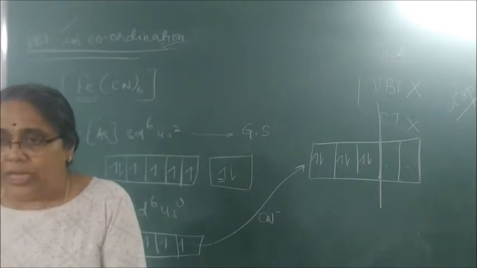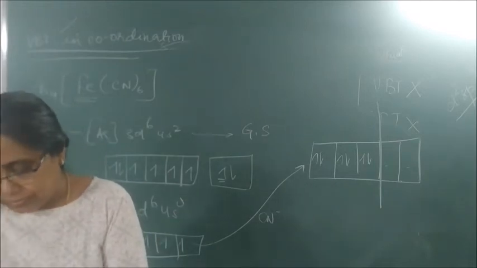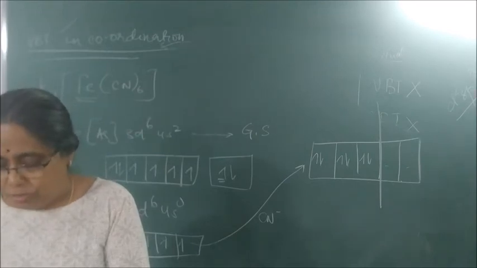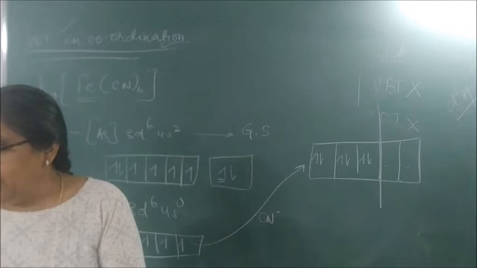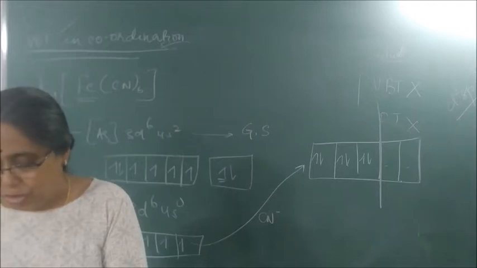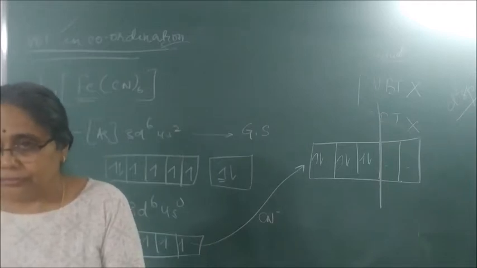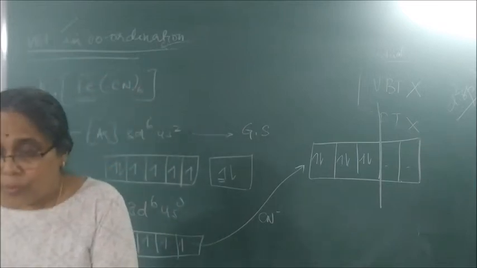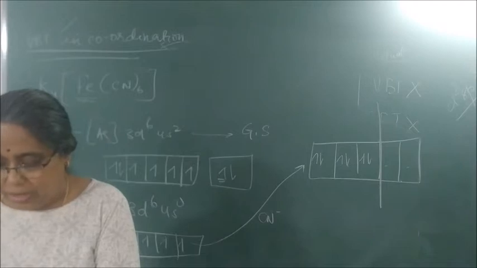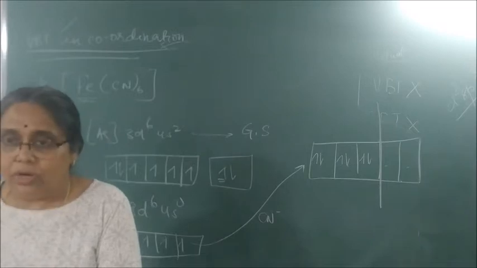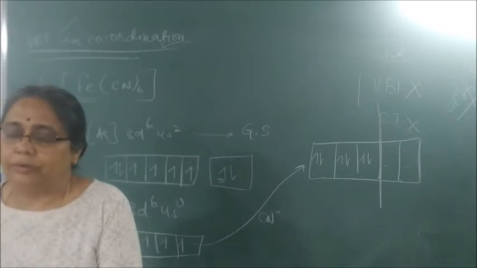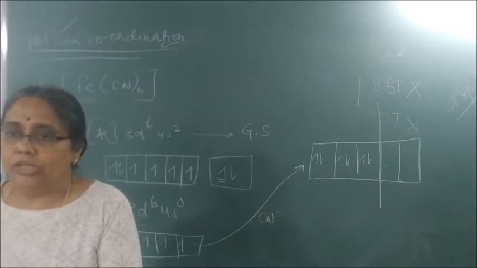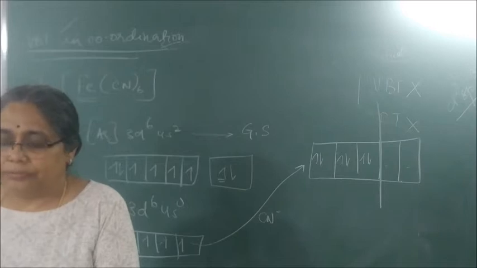The number of vacant orbitals provided by the central metal atom or ion is equal to its coordination number.